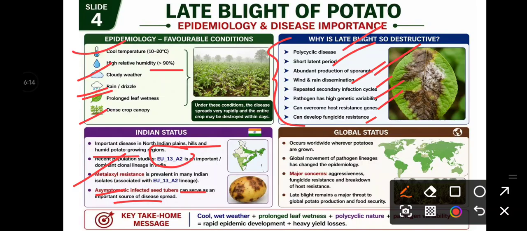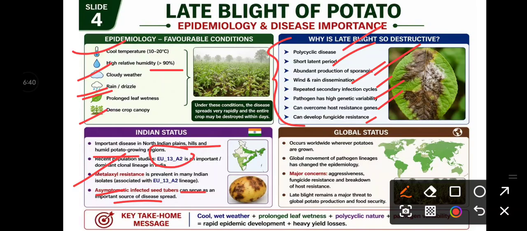See, this is very aggressive when the favorable condition is there, and the most important thing is the adaptability of the pathogen. The pathogen is adapting to the fungicide. It is showing fungicide resistance. That is a major concern. And then breakdown of resistance. See, due to the worldwide distribution of the potato, the pathogen is also becoming worldwide distributed.